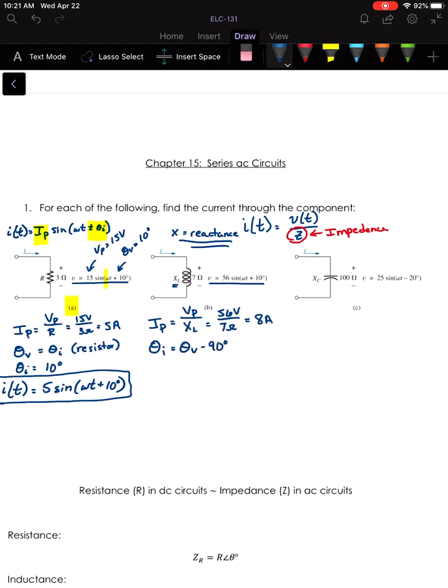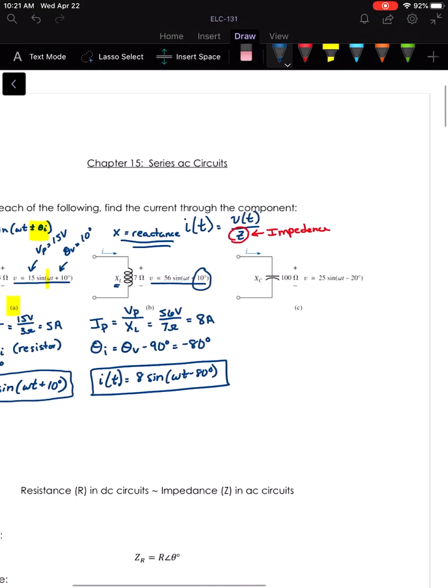If we subtract 90 degrees from our voltage phase shift, which is 10, we get a negative 80. So the current waveform for our inductor in this particular case would be 8 sine omega t minus 80 degrees. We could sketch this and see what it looks like on the same graph if we wanted to, but we're just working through how to find this right now.